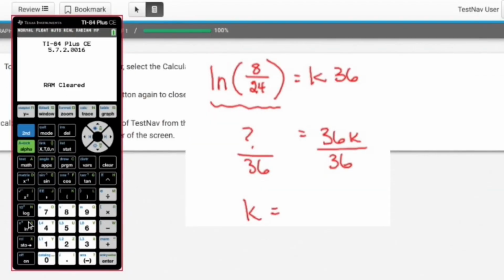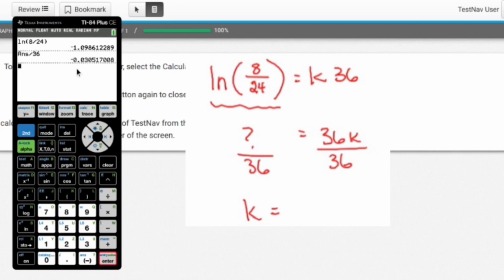Right, ln of, what was it, 8 over 24. So let's type that out. It's going to equal a gross number. There it is. Take that number, divide it by 36. And then our k is going to equal negative 0.30517, blah, blah, blah.